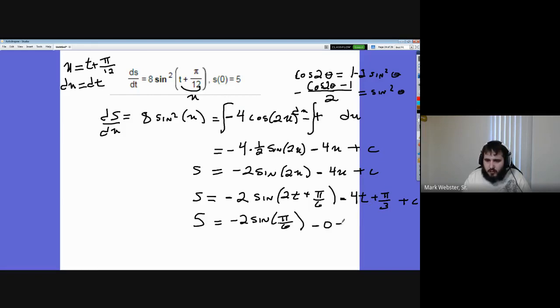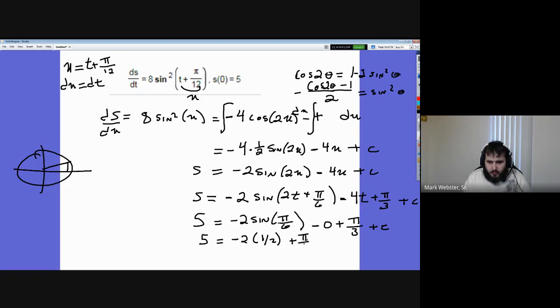Zero plus pi over 3 plus c. All right, so what's sine of pi over 6? 1/2, right? So this is -1, so we get 6 minus pi over 3 equals c.